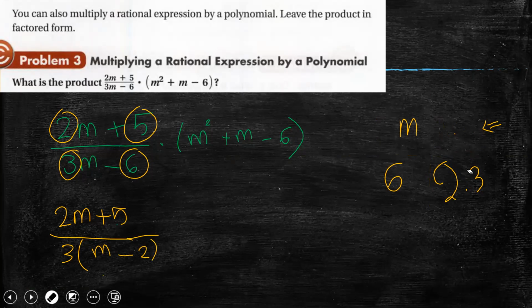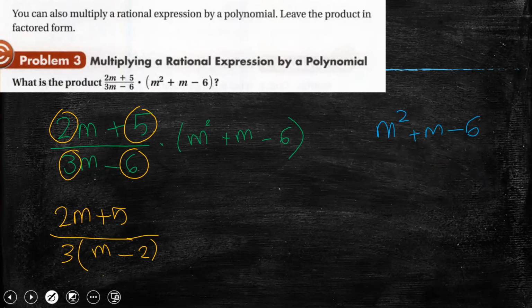Now let's continue. Look at m squared plus m minus 6. Let's try now to factorize it. We have to put 2 brackets like this, m and m. Now, what is the sign of c here, of 6? Is it negative or positive? Negative. What does it mean? One is negative and one is positive.